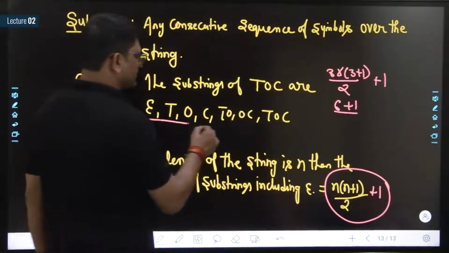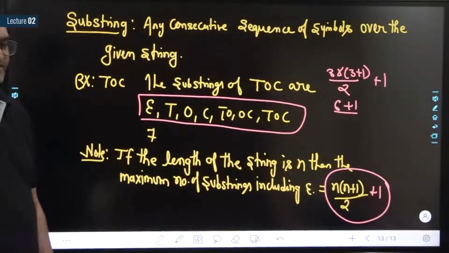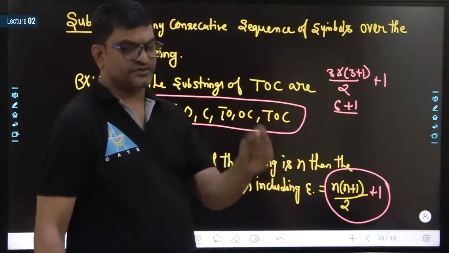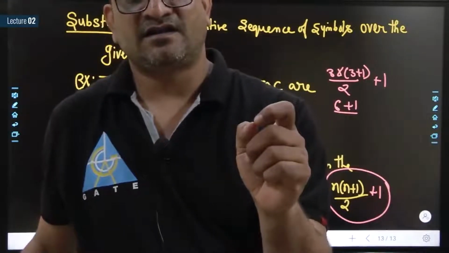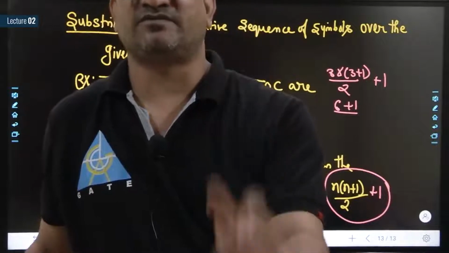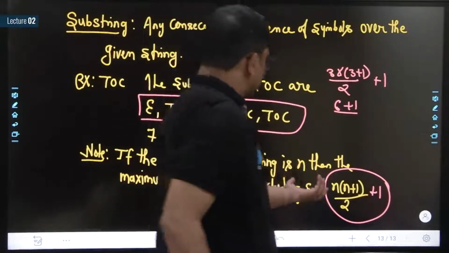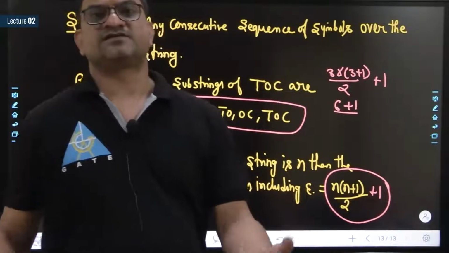But this generalization is used when the string contains only different symbols. This is the maximum number of substrings.